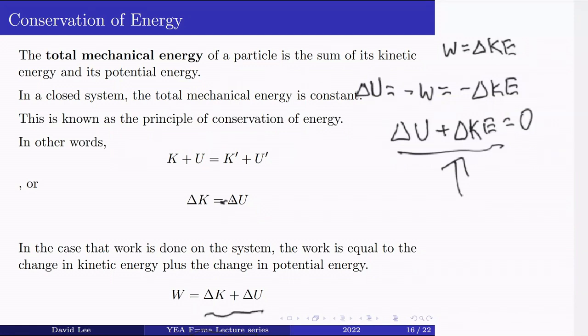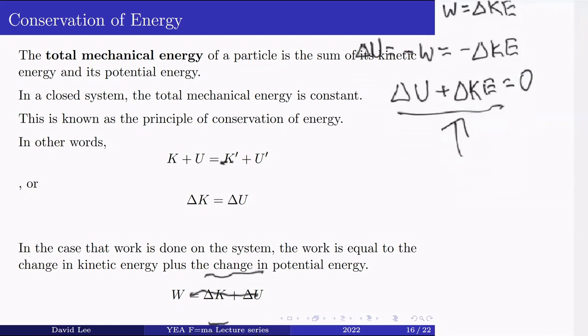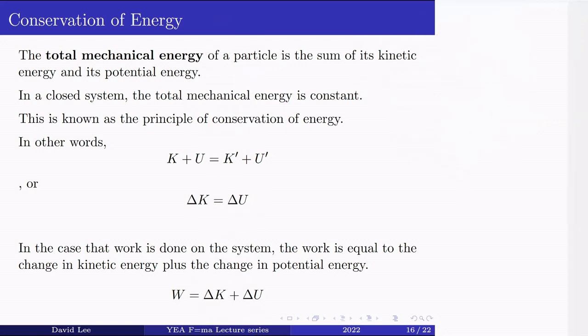But otherwise, if we have a closed system, which basically means that there are no external forces, which means that there can't be any external work, that means that the total energy of our system will remain constant.